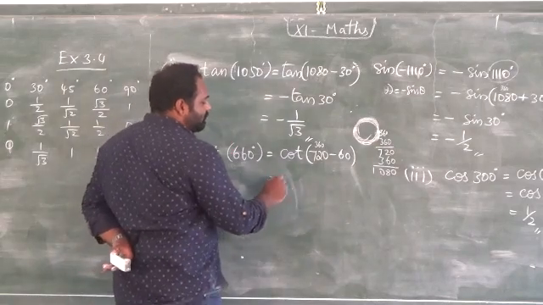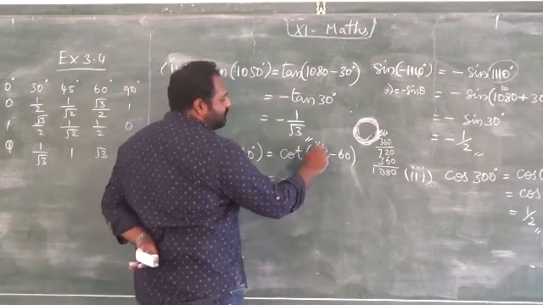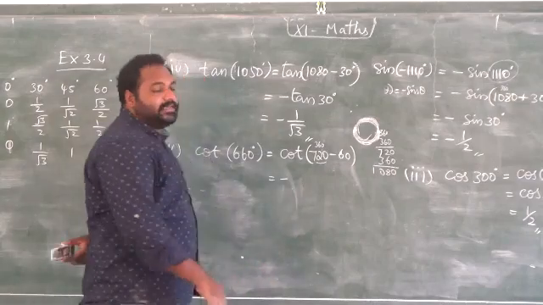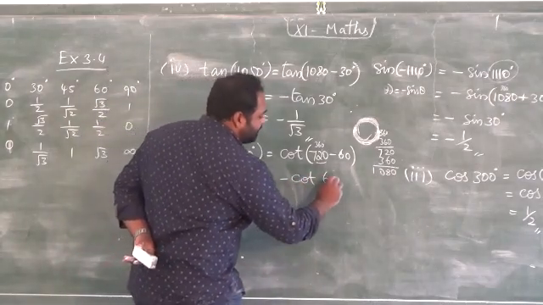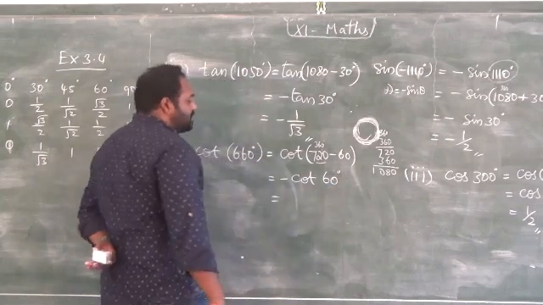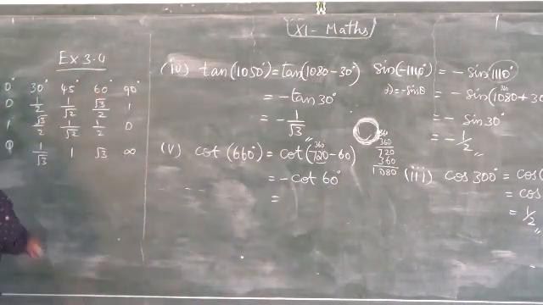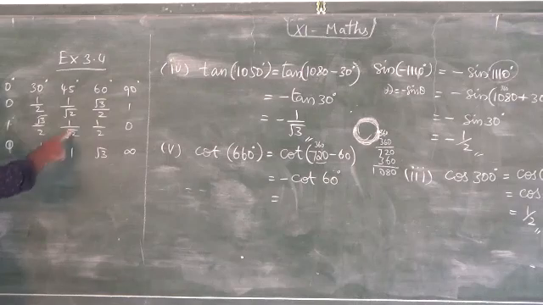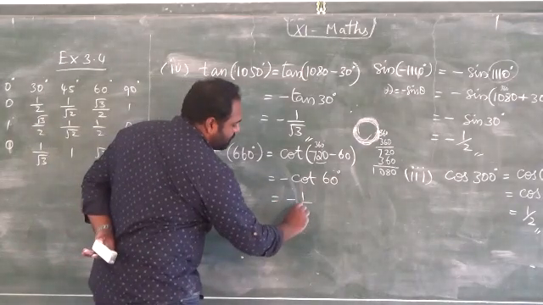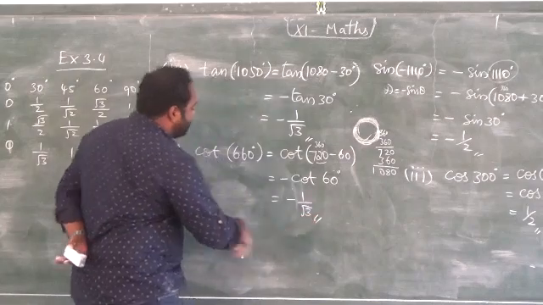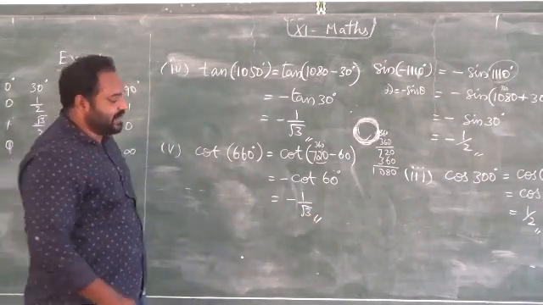So cot is negative, and 720, 360 will not change the function. So it is cot 60 degree, the reciprocal of tan 60 degree. Tan 60 degree value is root 3. The reciprocal is minus 1 by root 3. So this is the value for cot 660 degree.